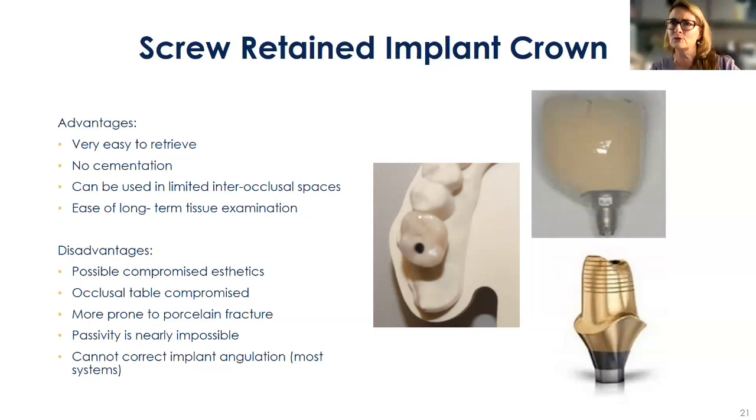So it used to be screw retained, then cement retained became more popular, and now it's back to screw retained. And typically that's occurring because of potential periodontal concerns that could happen if cement is lodged in the gingival tissue unknowingly to the dentist. So if you stay with screw, then the cement does not become an issue for you.